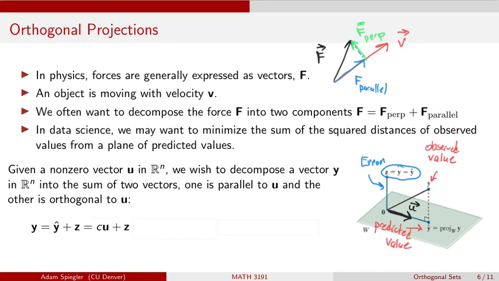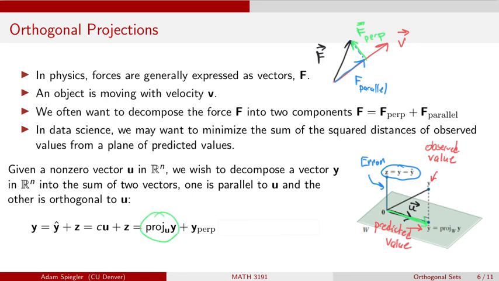So we can write this sum, well, this vector y hat is going to be some scalar multiple of u, right? Because it has to be parallel to the vector u. And then we have this other vector which is perpendicular to u that we'll call z. So this vector c times u, we call this the projection of y onto the vector u. So that is this vector right here that I'm drawing in green.